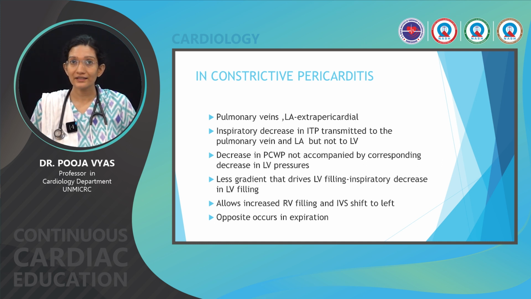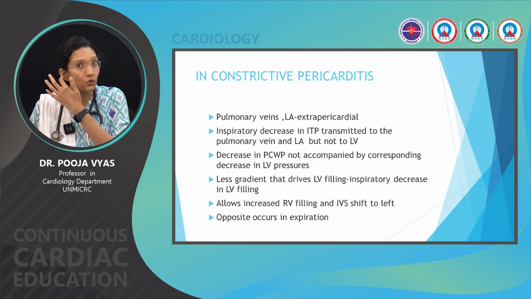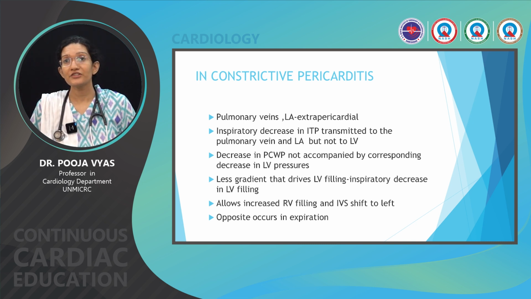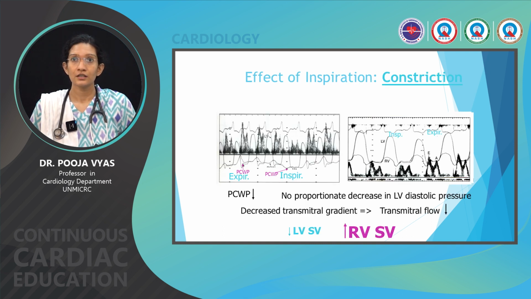So there will be less gradient to drive inspiratory LV filling. There will be a decrease in LV filling during inspiration, and so the IVS will shift to the left and allow increased RV filling, and the opposite happens during expiration.